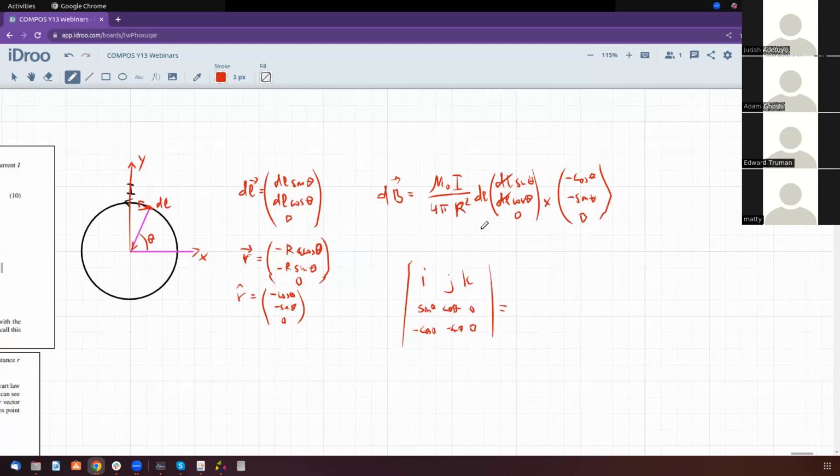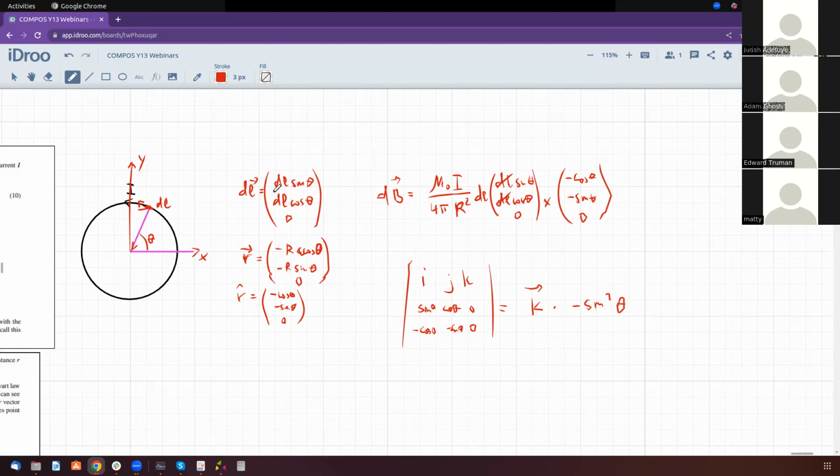We find the cross product of that. So it's i0, j0, so it's k multiplied by minus sine squared theta. Oh, that's very unfortunate.